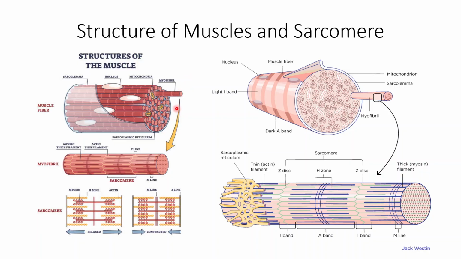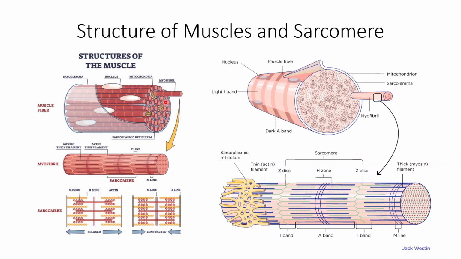It has multiple nuclei, it has lots of mitochondria for energy and ATP production, it has myofibrils, which are the contractile units. So you start on the outside with the sarcolemma, nucleus, mitochondria, right, myofibrils.